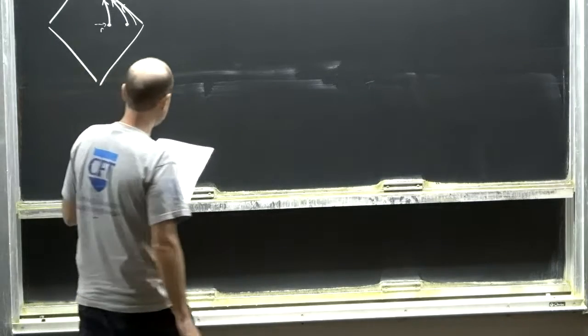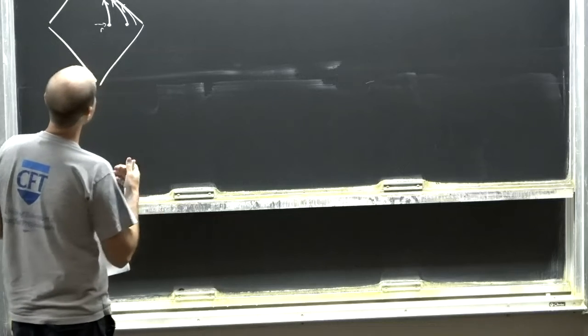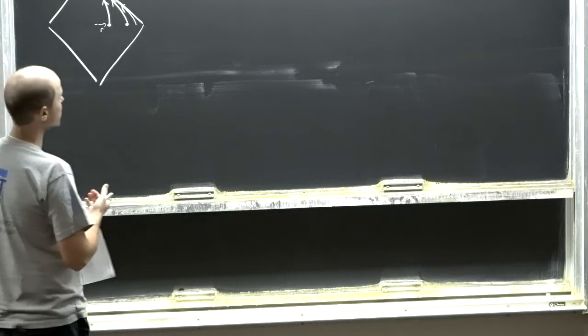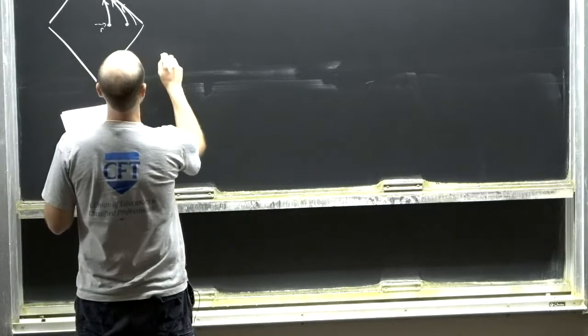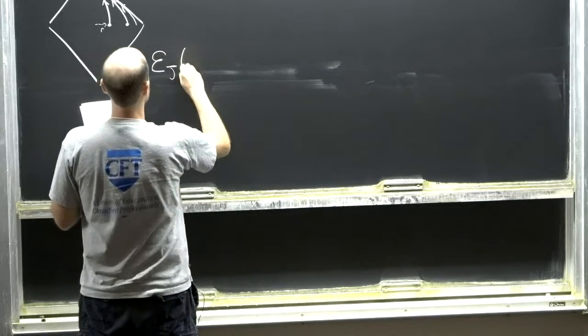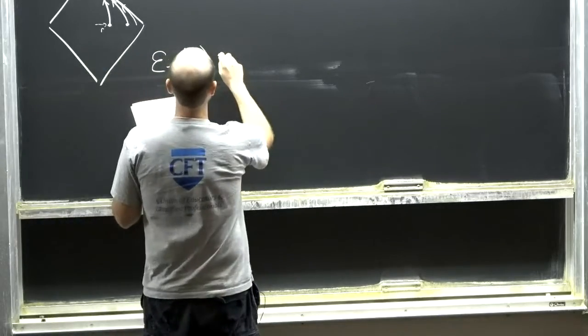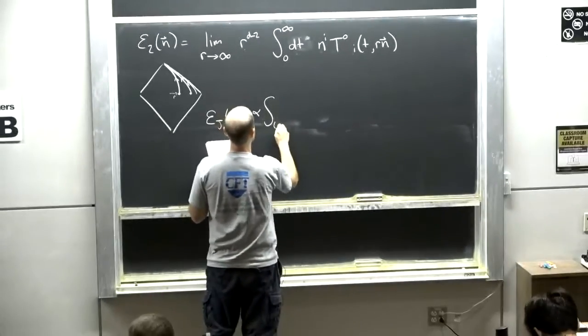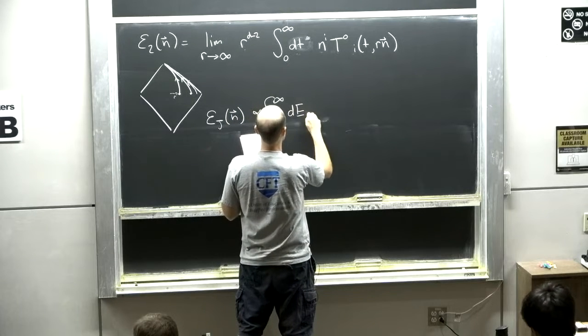So one simple thing that you might try to do is, instead of measuring the flux of energy, you could measure the flux of a power of energy. So we could define something that I'll call E sub j, which counts particles propagating out in the n direction, but weighted now by a non-trivial power of their energy.